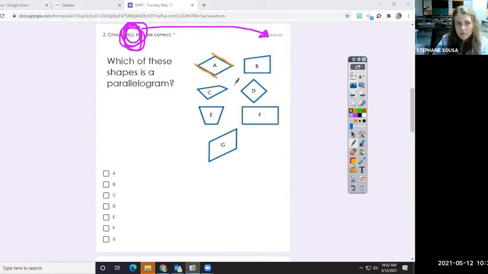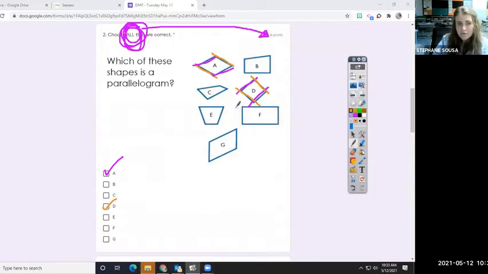Our left and our right are parallel. And then this left and right, those two are parallel. So A is a parallelogram. On D, this side of the square and this side of the square are parallel, and there is another pair here. D is a parallelogram.